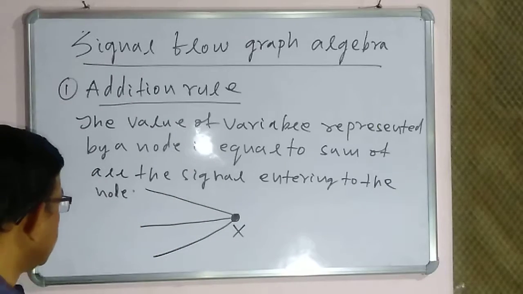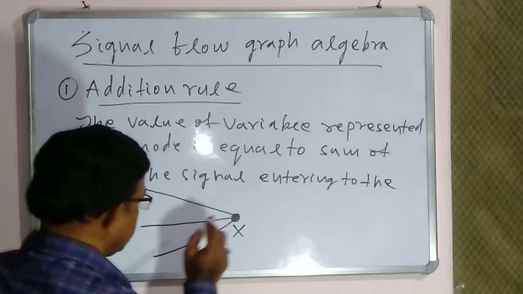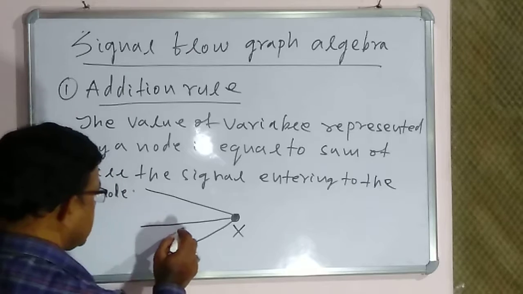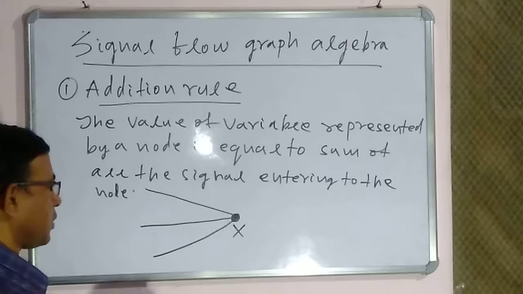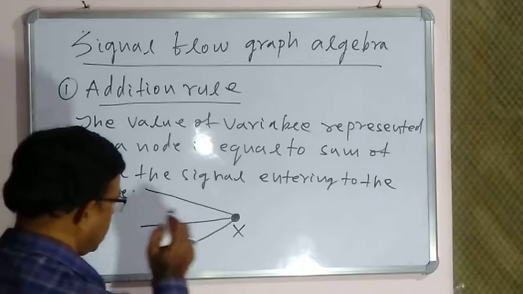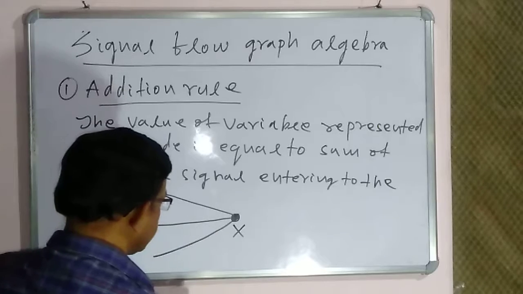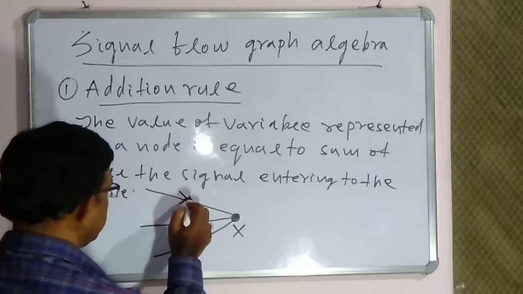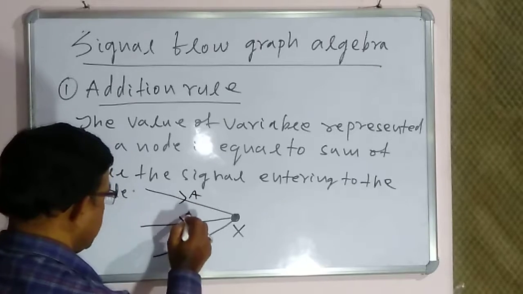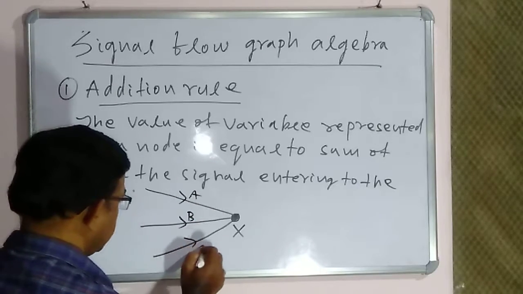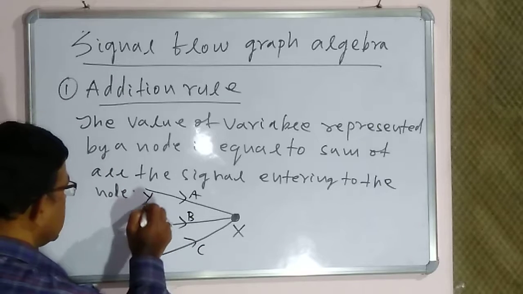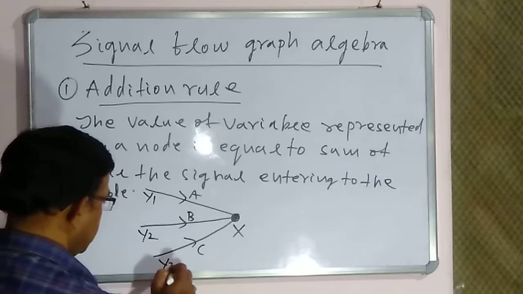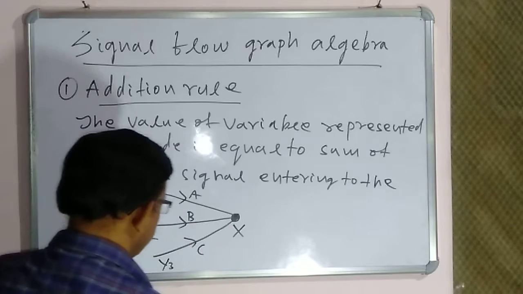We can consider n number of branches entering to this node, but here I have considered only 3 branches. You can also take 4 branches, 5 branches or 1 branch, any number of branches can be taken. Let us assume that the gain of this branch is A, this branch is B and this is C, and that signals Y1, Y2, Y3 are flowing to this node.